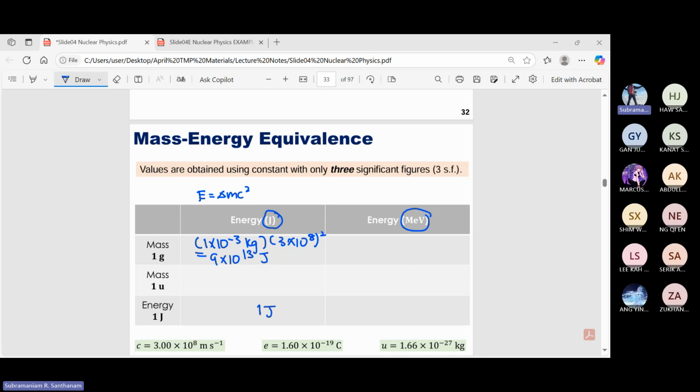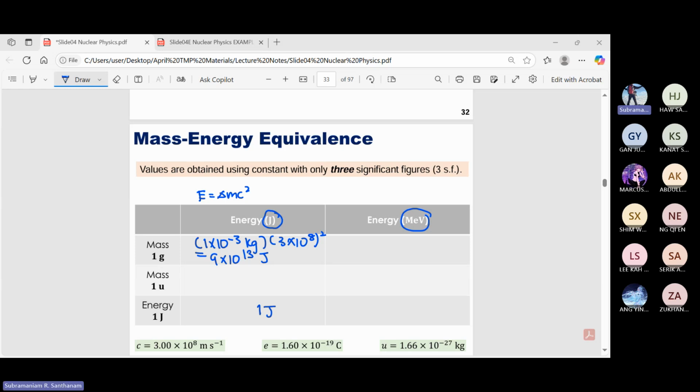When you are changing from joule to MeV, M actually stands for mega, 10 power of 6. And e is the charge of an electron, which is 1.6 times 10 power of minus 19 coulomb.